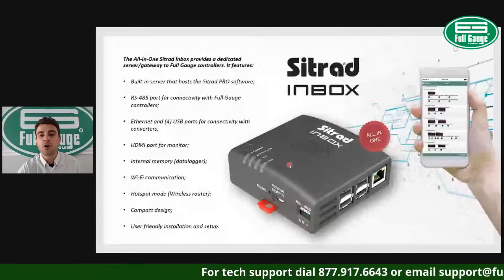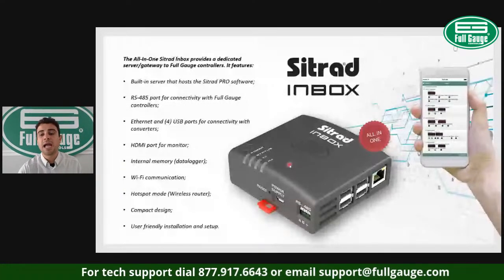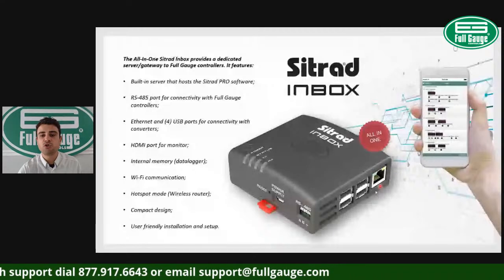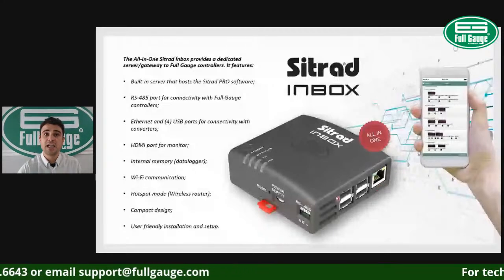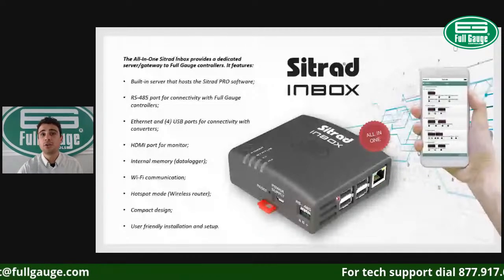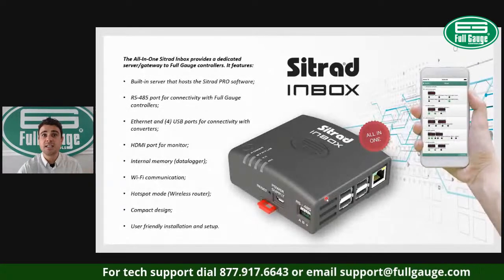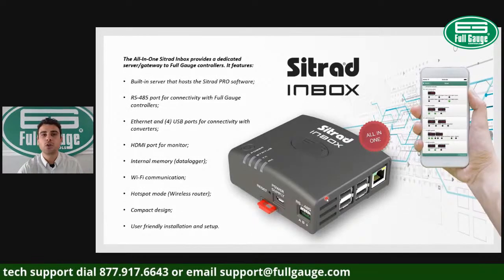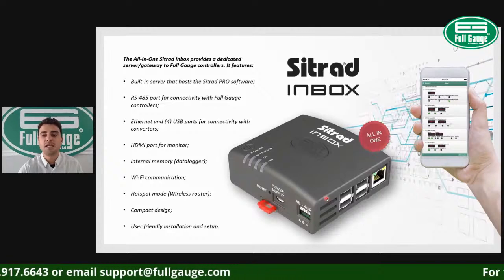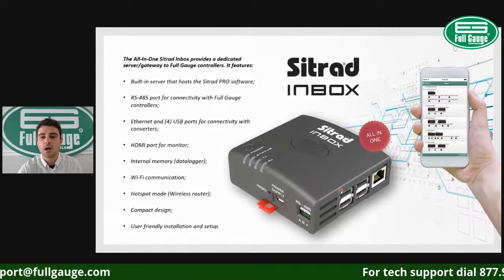Or you can have your Conv32s connected via USB to the C-TRAD Inbox. For those installations where you have more than 32 controllers and need to use multiple converter interfaces, you can connect those converter interfaces via USB to your C-TRAD Inbox.